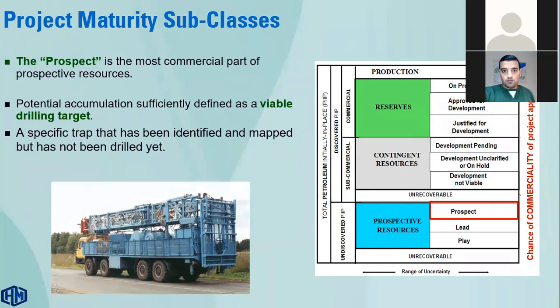Simply, it's the potential accumulation that can be a reliable drilling target, which can be seen on the seismic processing. So the prospect is the top part of the prospective resources, and is a good drilling target to start exploration and drilling operations.